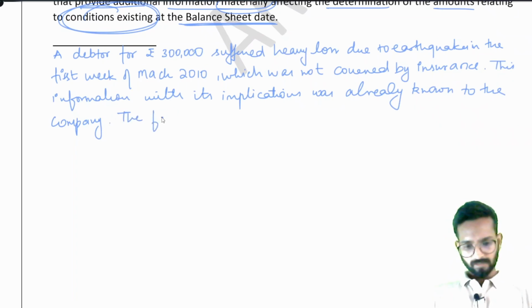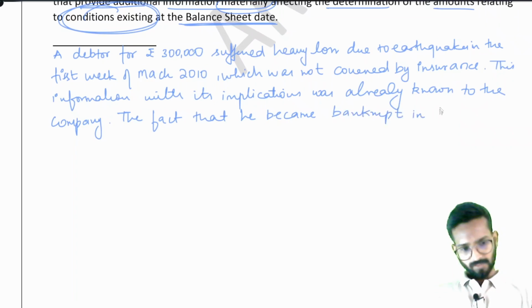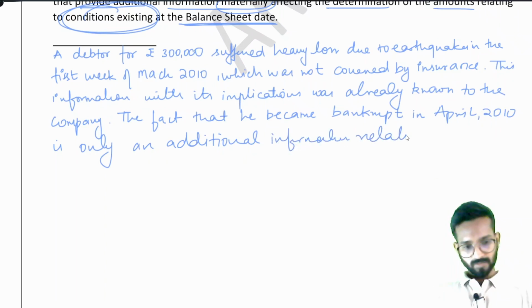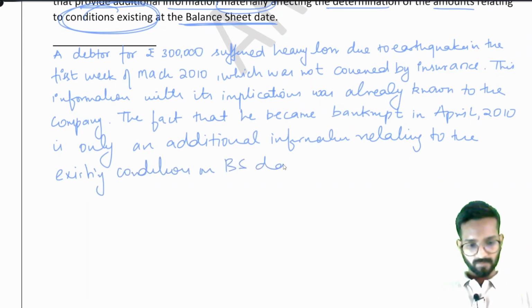You can say the fact that he became bankrupt in April 2010 is only an additional information relating to the existing condition on balance sheet date.